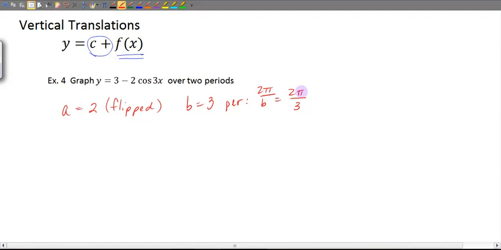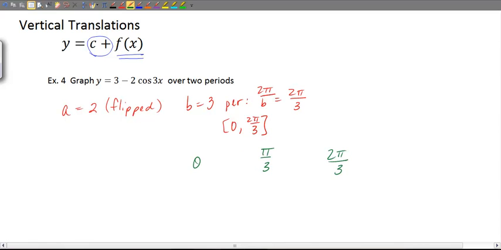Now, I'm going to take a second and divide up my interval. This says I have a period between 0 and 2 pi over 3. I'm going to divide this interval up so I know how I'm going to eventually break up the x-axis. So I have 0, 2 pi over 3. Halfway in between 0 and 2/3 would be 1/3, or pi over 3.